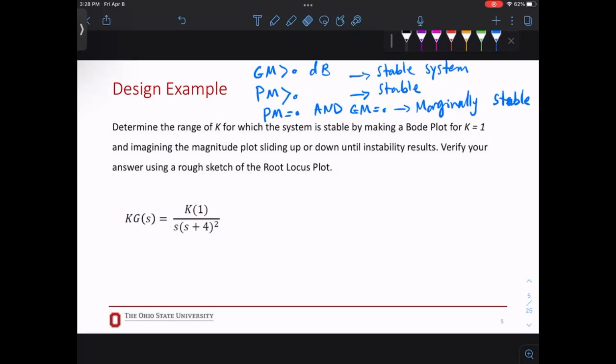Oh, degree, start with D. Yes, thank you. So if you have PM and GM 0 from the Bode plot, you're looking at the Bode plot and you realize you measure both of them are 0. What does it tell you about the poles of the system? There is at least one or a pair of poles on the imaginary axis, right?